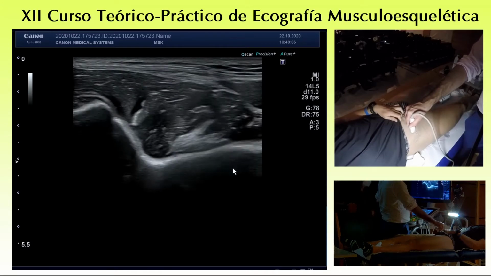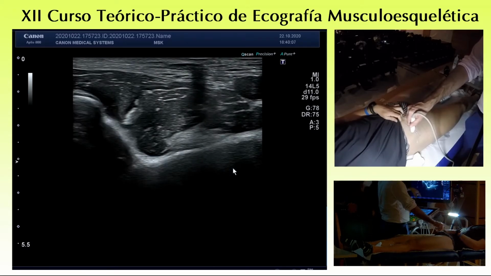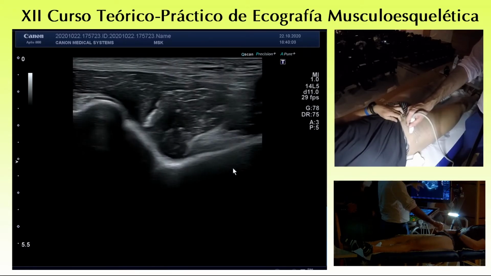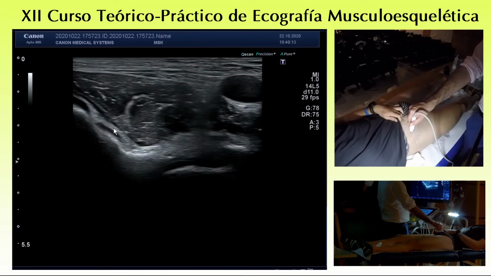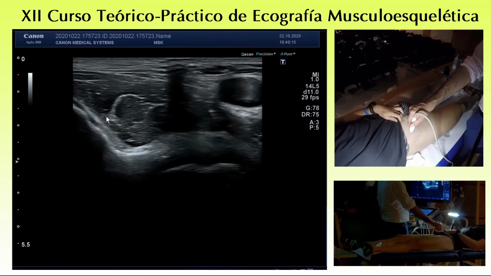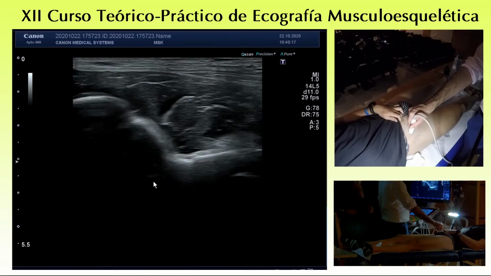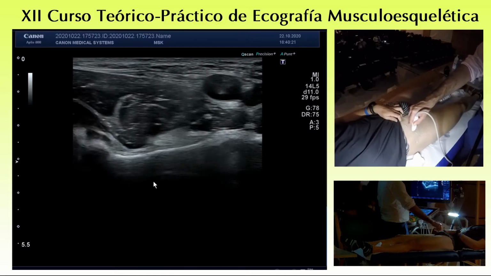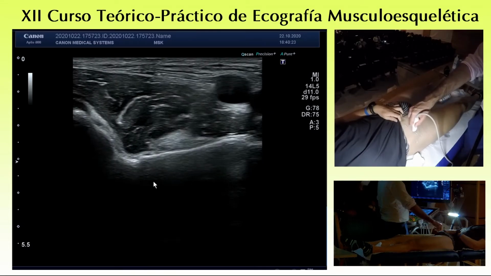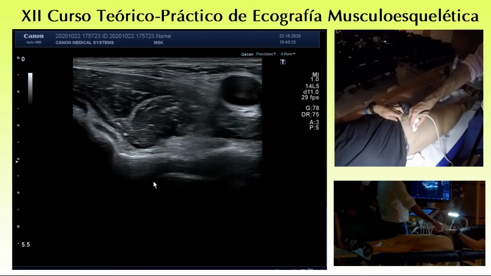And then you also need this part from the iliacus. Exactly. Once you have this, we obtain this position again, and the tendon has to be really perpendicular to that.